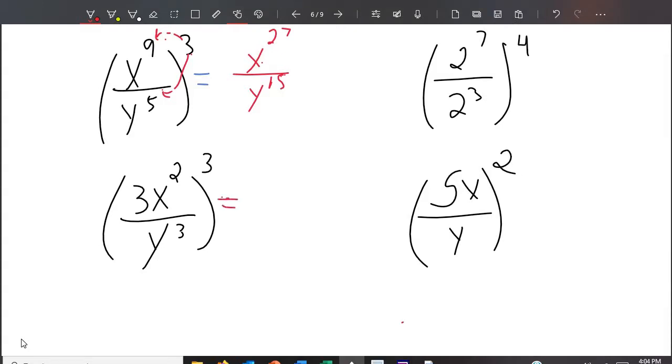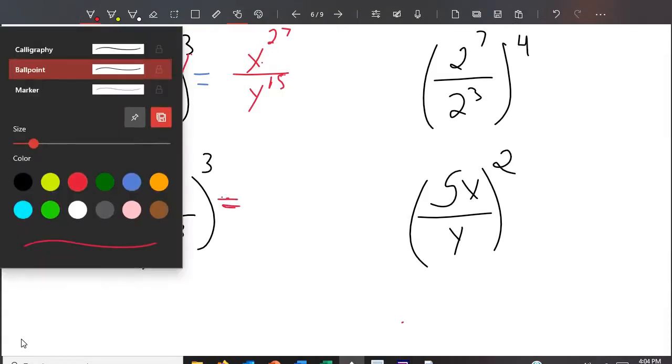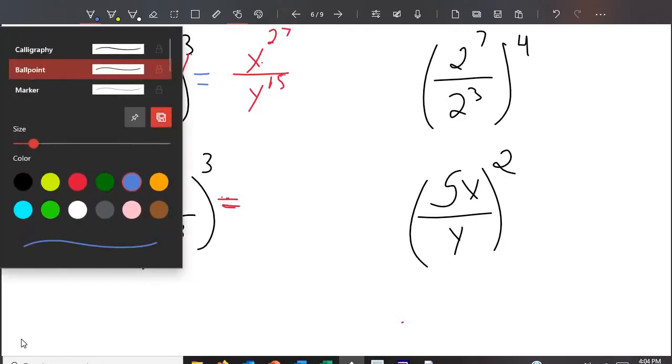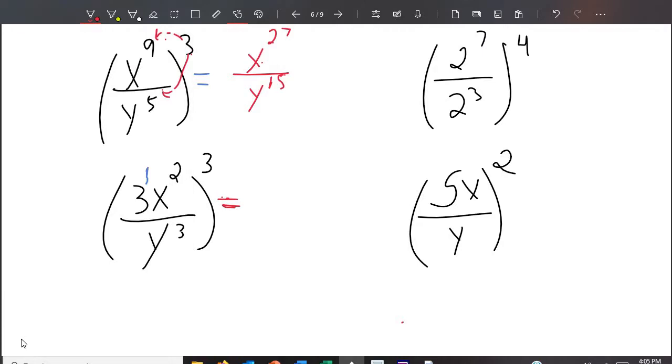This one. Now, remember I said if anything doesn't have an exponent, put a 1 there. I'm going to put a 1 attached to this 3 so I can use that exponent rule that says to multiply. So we're going to multiply 3 times 1.